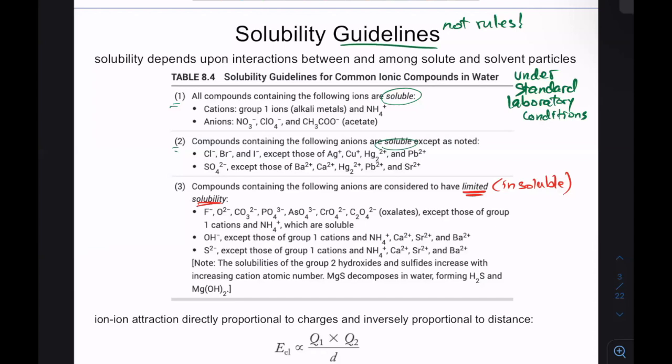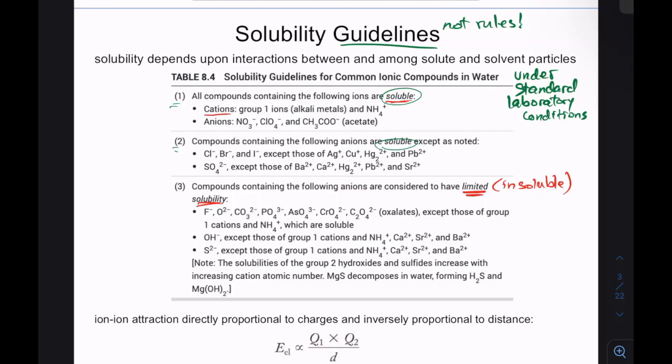So we just did sodium and chloride. So let's take a look at rule 1. All compounds containing the following ions are soluble. Again, in general, under normal laboratory conditions, standard laboratory conditions. Any cation that's from group 1, so that's the alkali metals: sodium, lithium, potassium, rubidium, cesium. Group 1 metals. If that's the cation, it's going to be soluble.